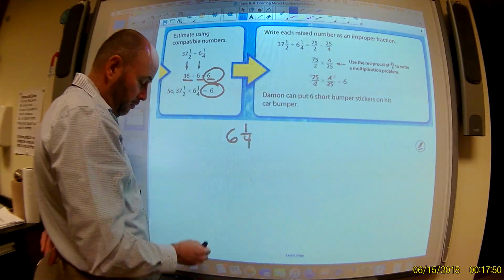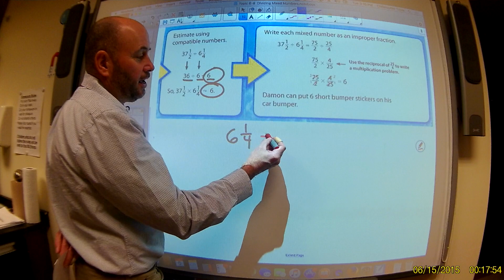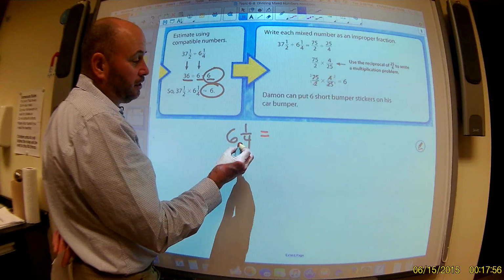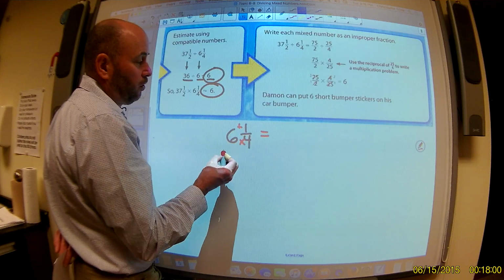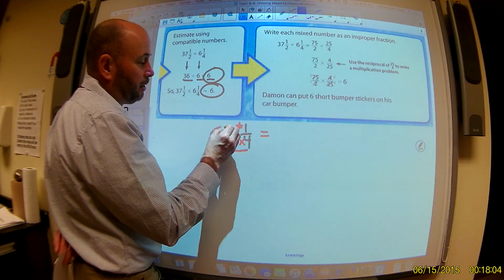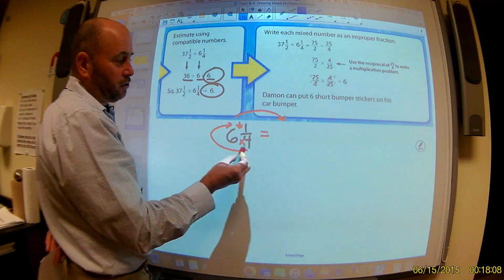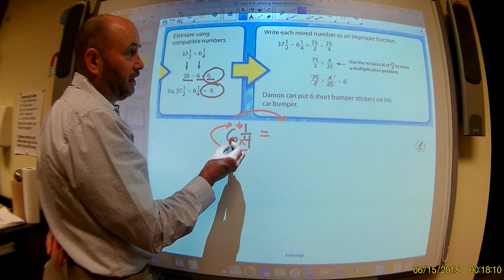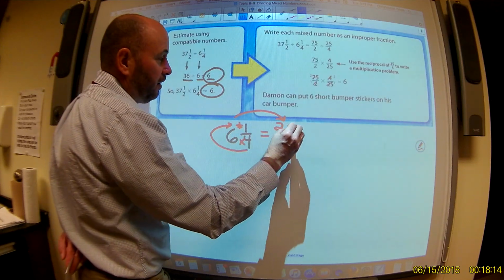All right. And what I like to tell the kids is if you want to turn this into an improper fraction, you would multiply 4 times 6 plus 1. You're going up and around, and it'll give you the numerator you need. So 4 times 6 is 24, plus 1 is 25.